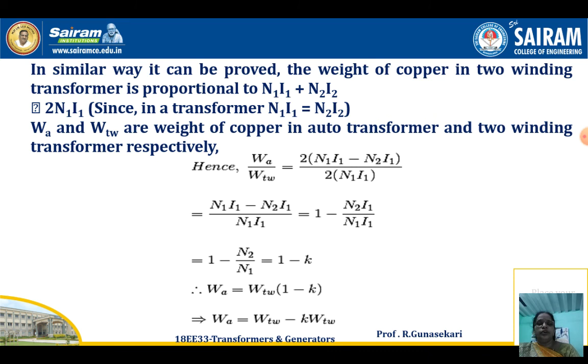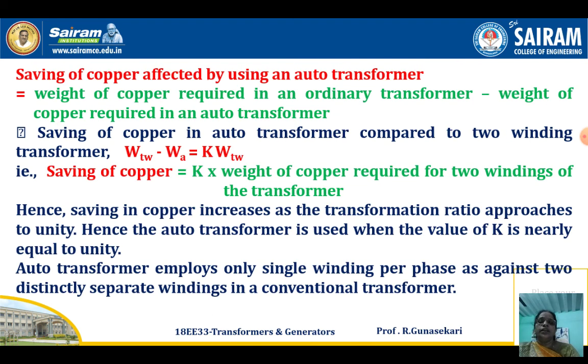From WA equal to WTW minus K WTW, the K WTW term moves to this side, so we get WTW minus WA, the weight of copper in the two winding transformer minus the weight of copper in the auto transformer, equal to K into the weight of copper in the two winding transformer. This is the formula for saving of copper.